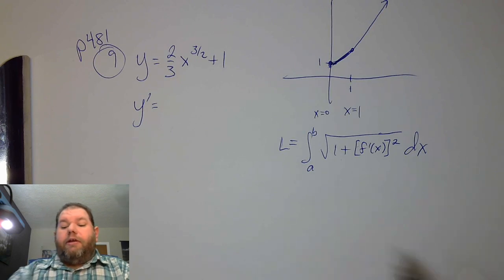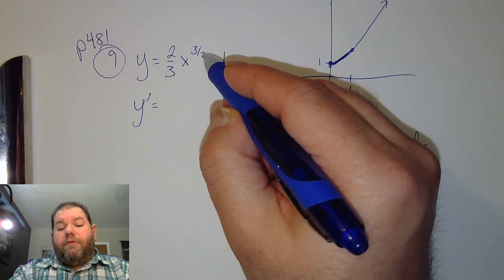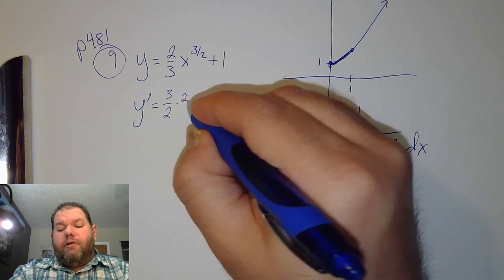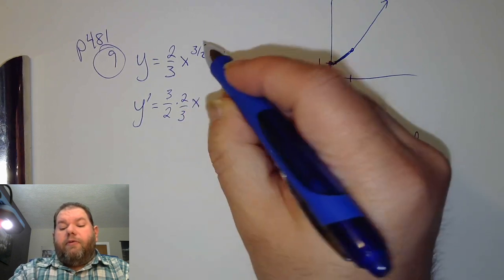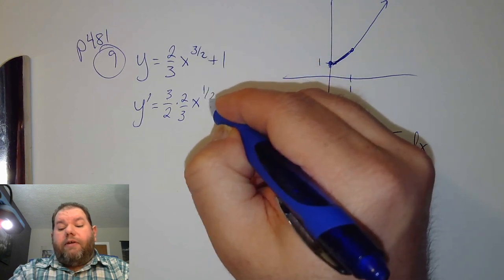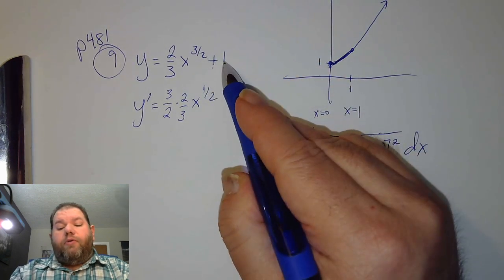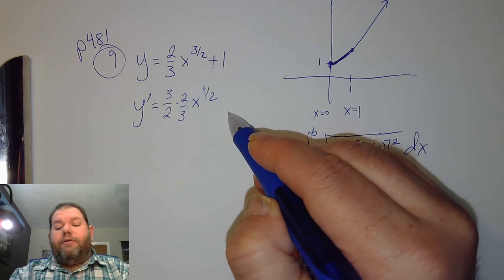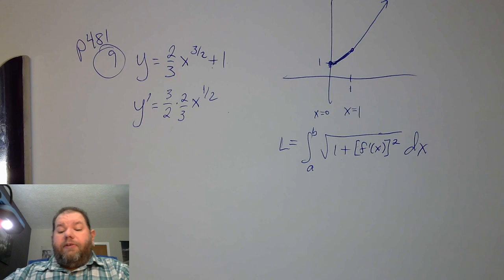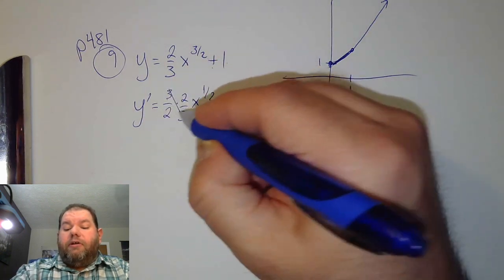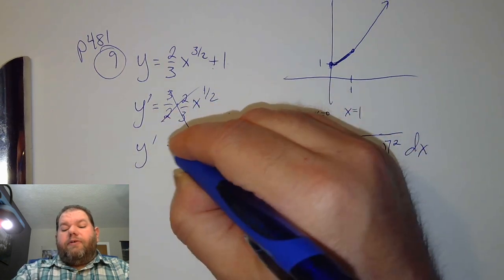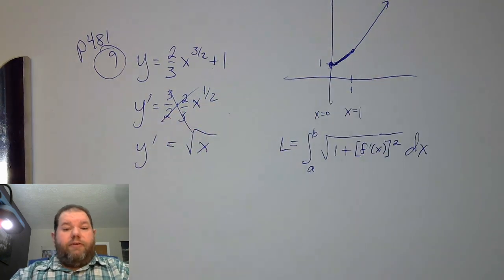So we take 3/2, the exponent, multiply it times 2/3, and then we subtract 1 from the exponent, so 3/2 minus 1 is 1/2, and the derivative of 1 is just 0. When we simplify this, the 2's and the 3's cancel out, so y prime is just x to the 1/2, which is the square root of x.